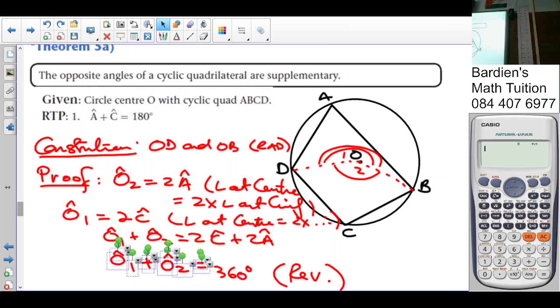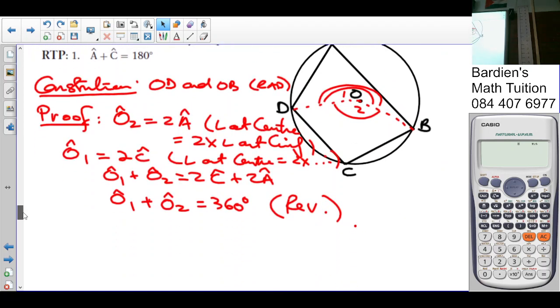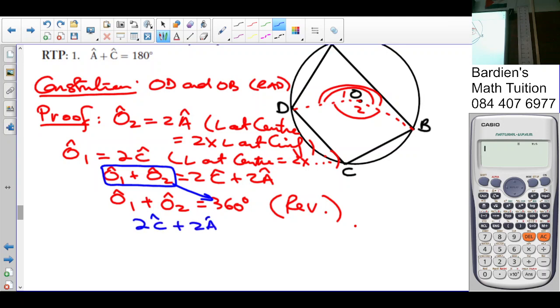We say that O1 plus O2 is equal to 360 degrees. Why? It's a revolution. So what we now do is we replace O1 and O2 with a 360. So in other words, angle 2C plus angle 2A is equal to 360. So I divide now by 2.